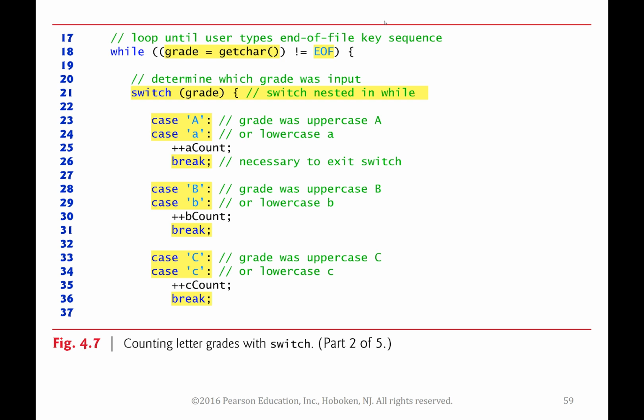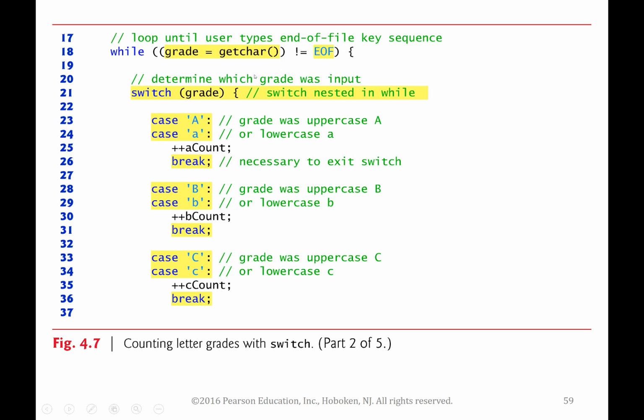Now, in this particular case, we're not reading a file, we're reading the keyboard, so we simulate the end of the file by hitting Control Z. We could rewrite this where it goes grade is equal to fgetc, where it reads a file and gets all the names of a file. We haven't done files yet. So we're going to use for our file our standard input, which is the keyboard.